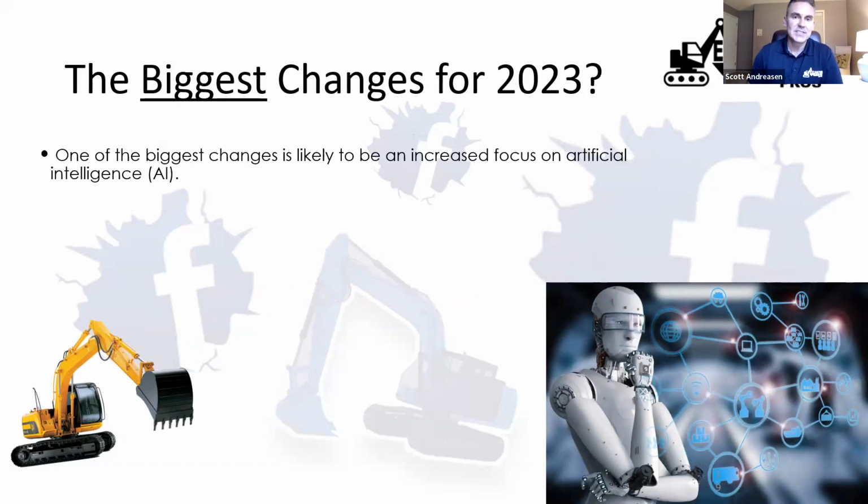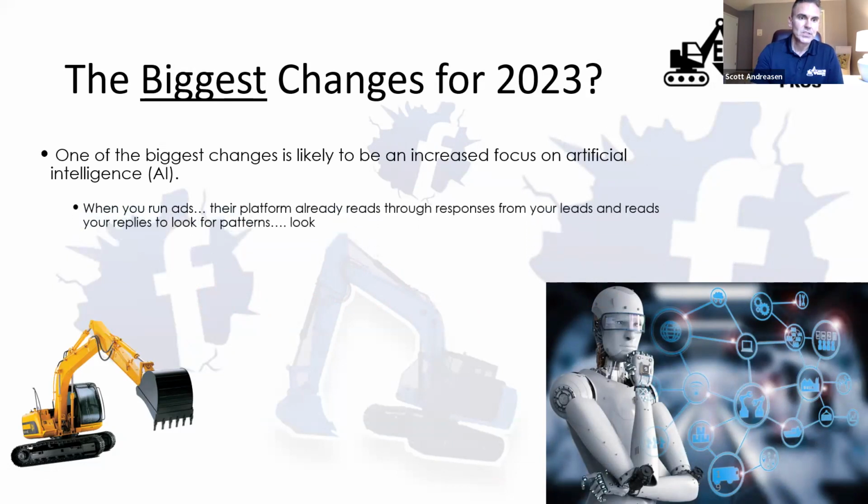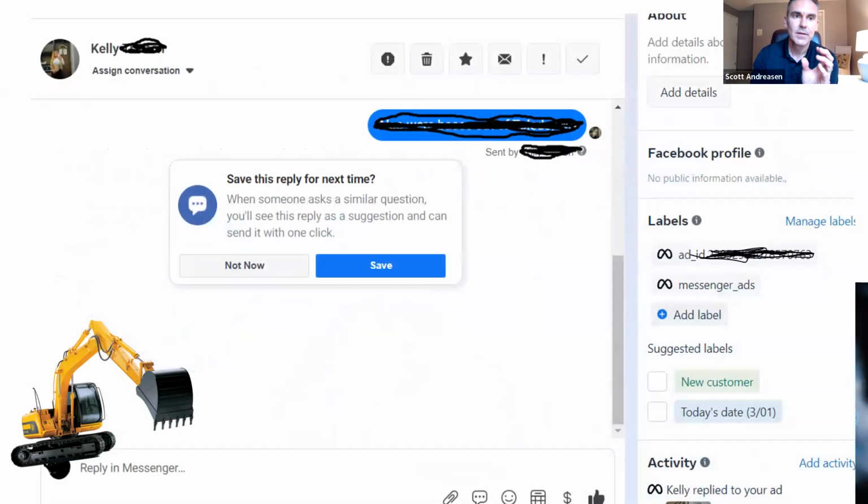One of the biggest changes is likely to be a continued increase in artificial intelligence. Maybe you guys have noticed this already if you're running ads: their platform already reads through your responses from your leads and you, and then looks for patterns. Let me show you what I mean. This is coming from an ad that was run, and our excavating client was replying back a similar thing to this type of question.